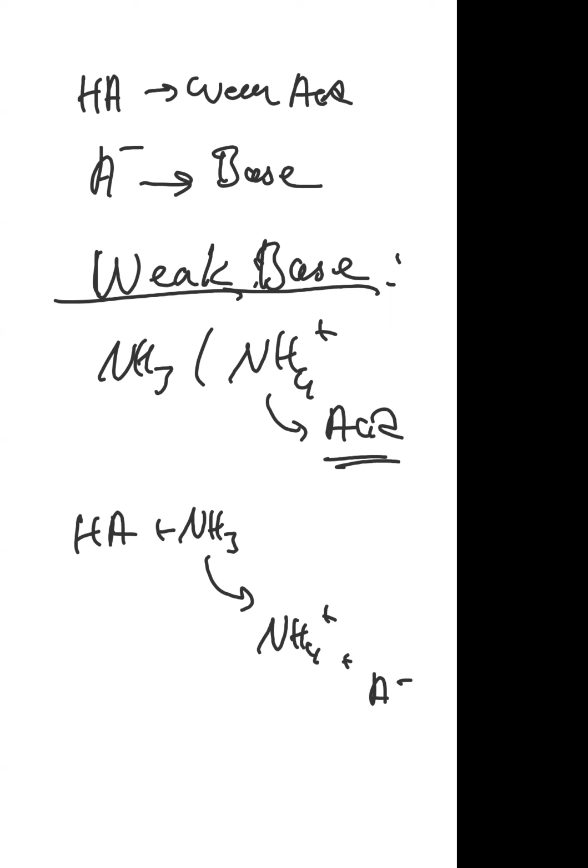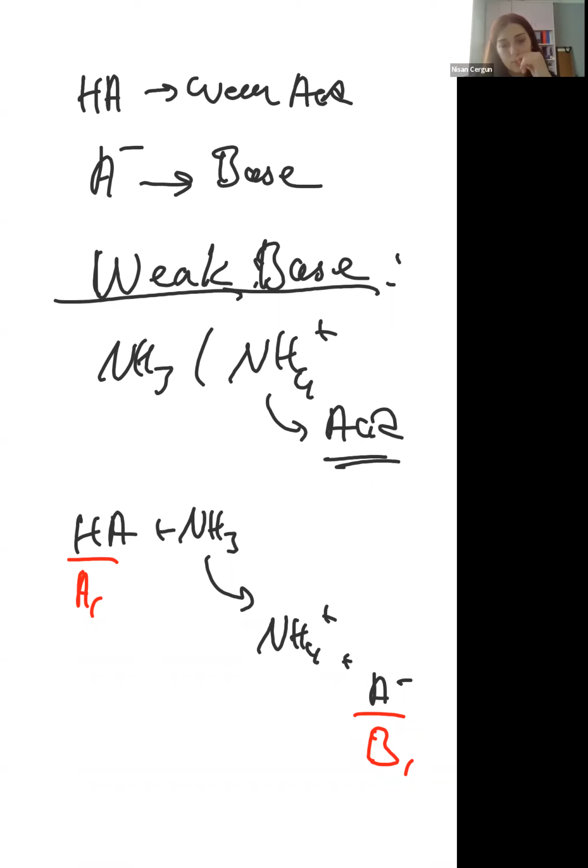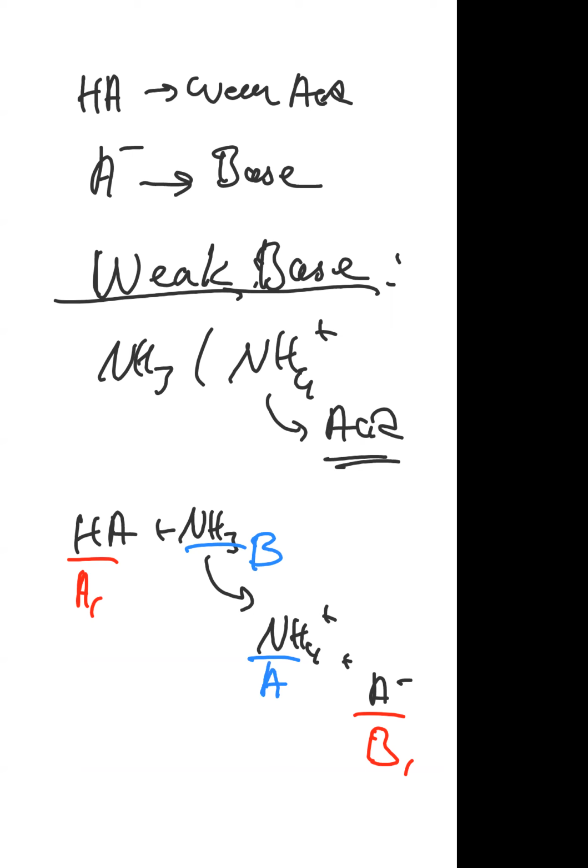This one produces some hydrogen plus, so it should be an acid, and this one is just its conjugate, so it should be a base. We have just said this using Bronsted-Lowry acid-base theory. This one is a base, and accordingly, this one should be an acid. Now we are doing some calculations around it.